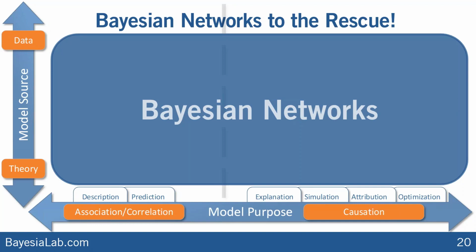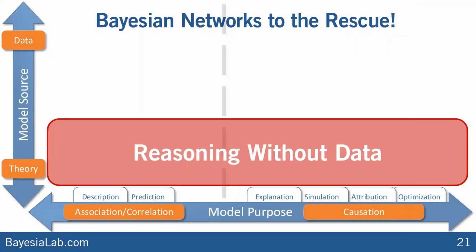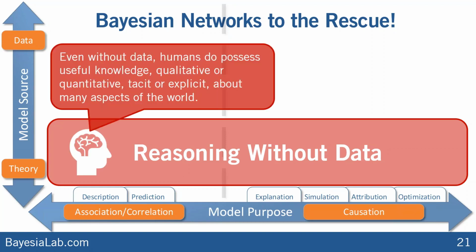And in particular, what is of interest today is reasoning without data, just working with theory without any data from any external source. So where does this theory come from? Well, even without data, humans do possess useful knowledge, qualitative or quantitative, tacit or explicit, about many aspects of the world.